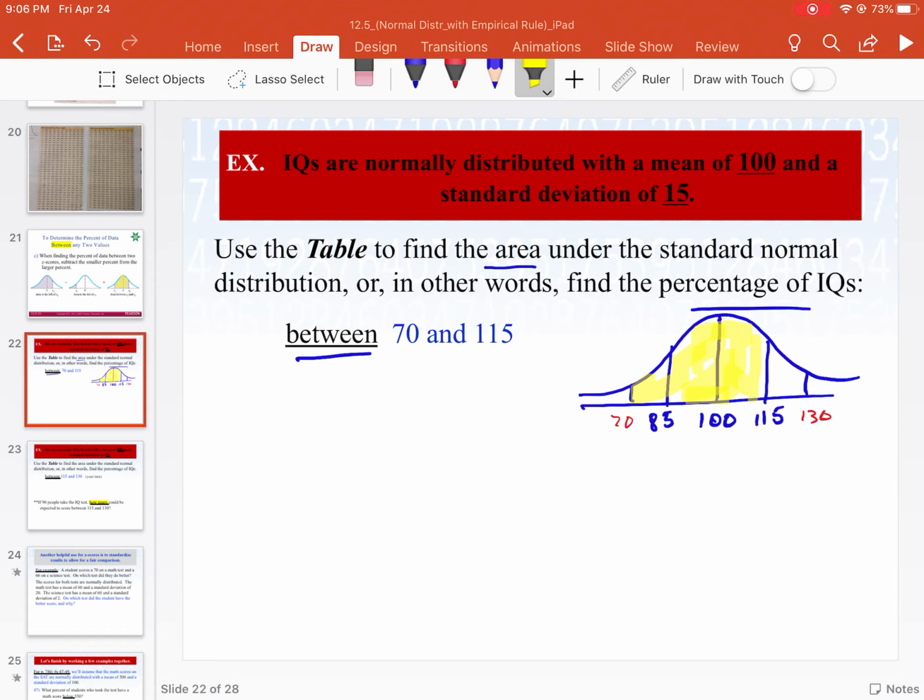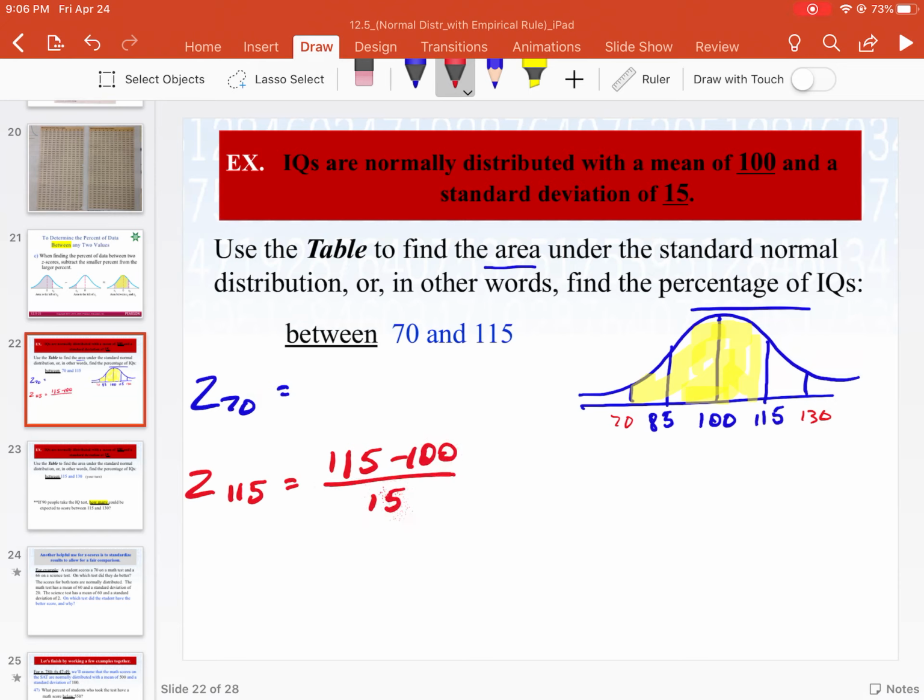Okay. So first step, I always need z-scores. So let's find the z-score for 70. Why don't you go ahead and do that? And while you're doing that, I will find the z-score for 115. So 115 minus 100 over 15.